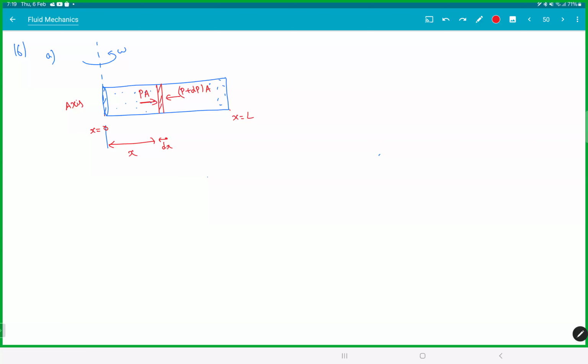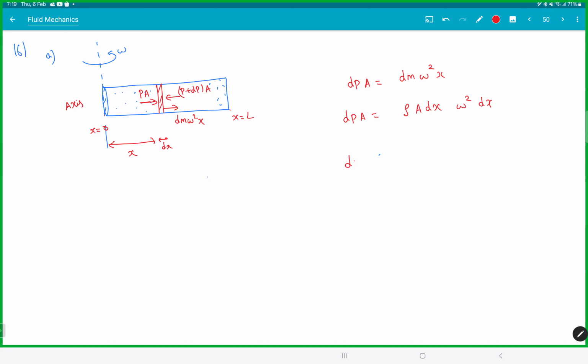Right? And with a small increase in dx, let the pressure increase by dP, and the centrifugal force is dm omega square x. So from here we can clearly see dP into area will be dm omega square x. The difference in pressure is coming because of the centrifugal force. This is dP into area, dm is rho area dx, omega square x.